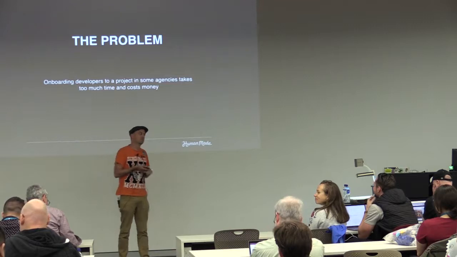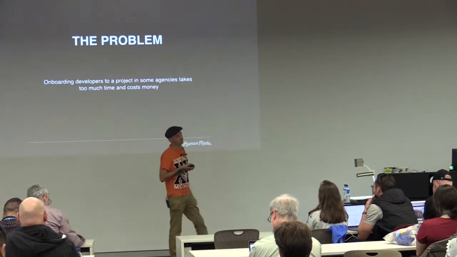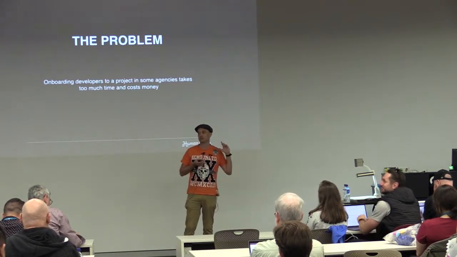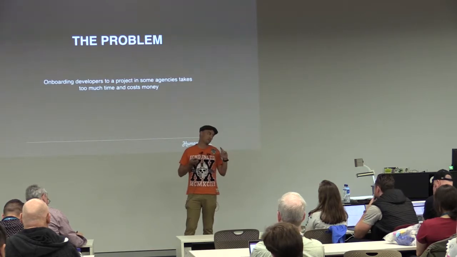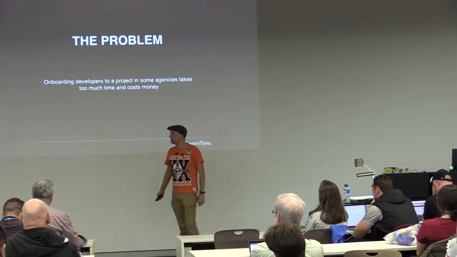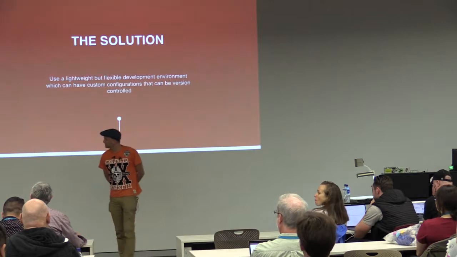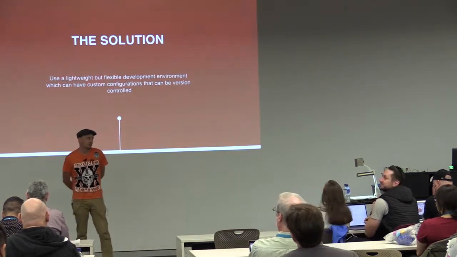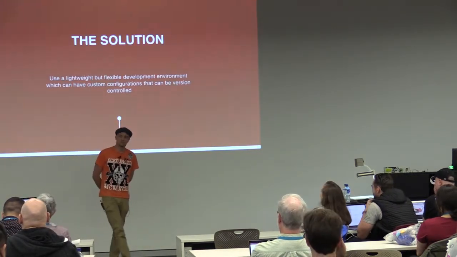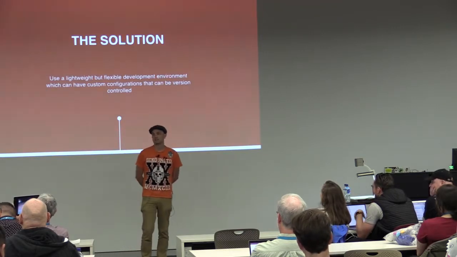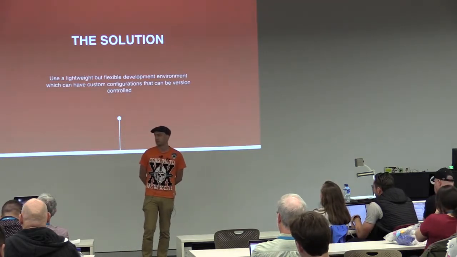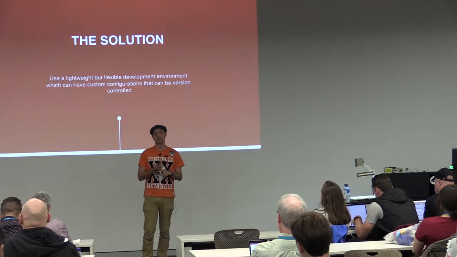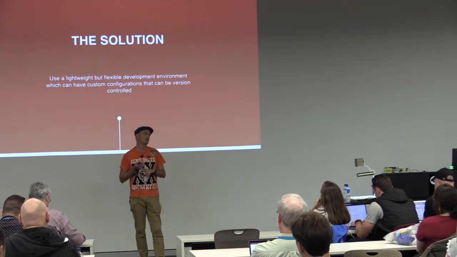So what I'm going to introduce to you is a new concept where you use version control to version control your development environment. The solution is something that Ryan McHugh and I have engineered over time, and it's based on Vagrant. We have a really lightweight Vagrant system that has various types of PHP that you can install.